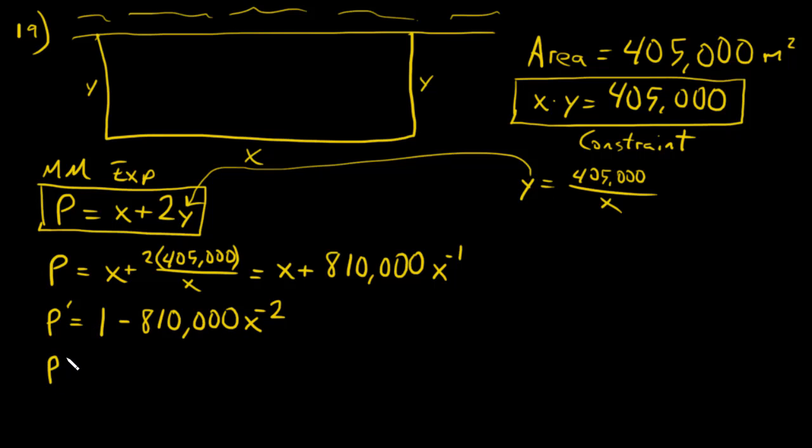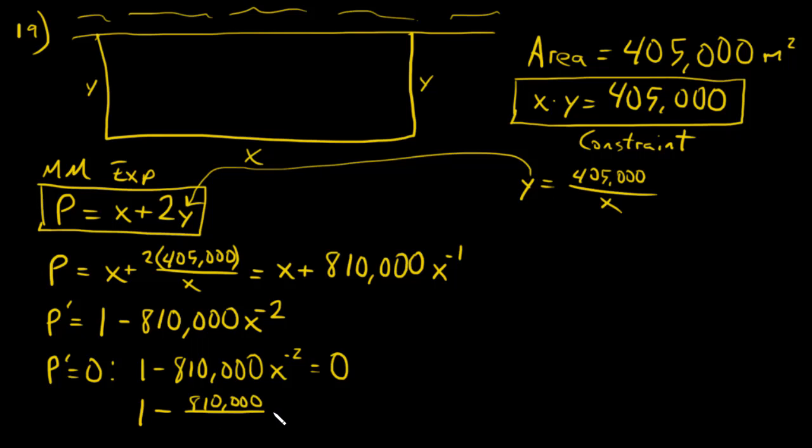So P prime equal to 0 gives us 1 minus 810,000 X to the negative second equal to 0. I'm going to rewrite that as 1 minus 810,000 over X squared equals 0.